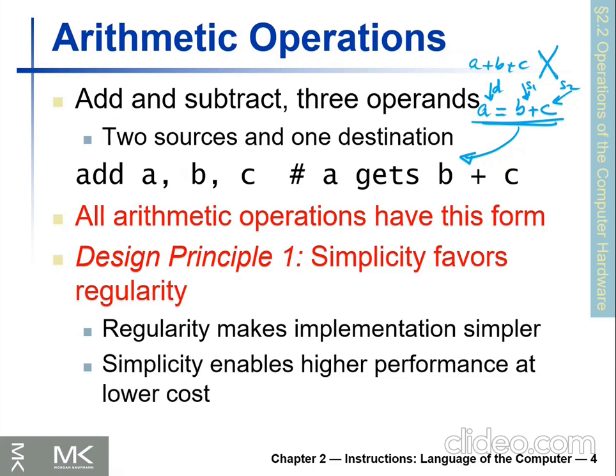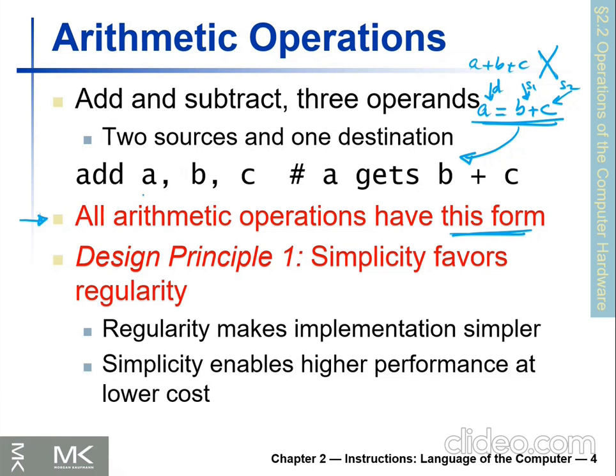So B and C here are our operands. A is an operand also, but it's the destination for the arithmetic operation. And there is a note here that all arithmetic operations have this form. All of them, like add, subtract, whatever, have some sources and a destination.